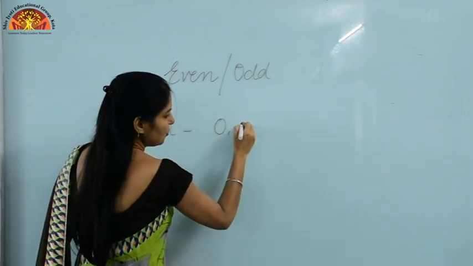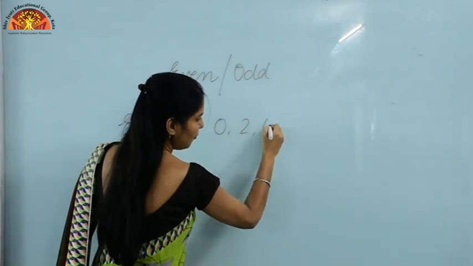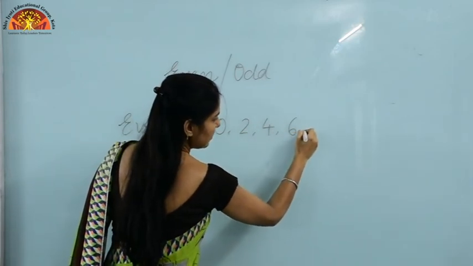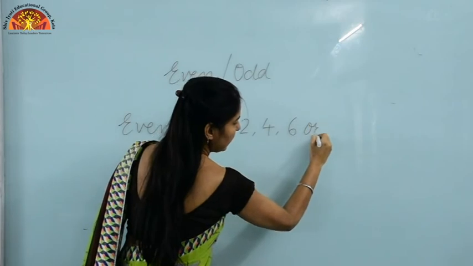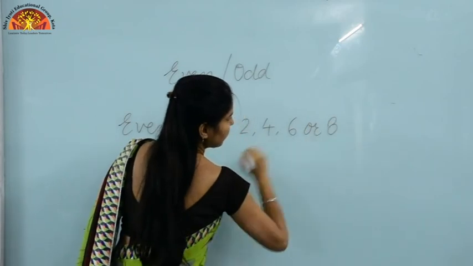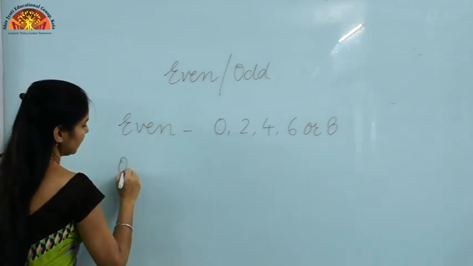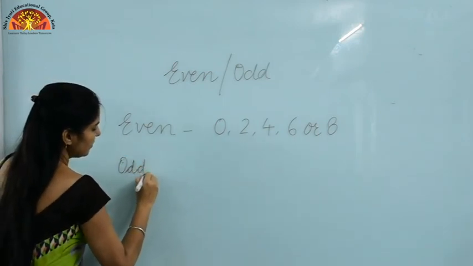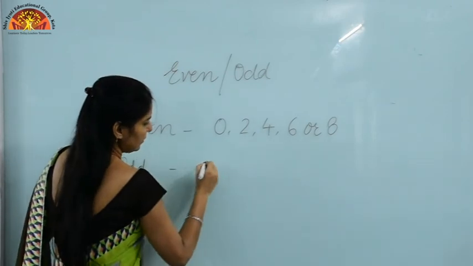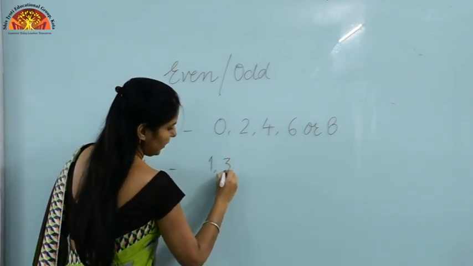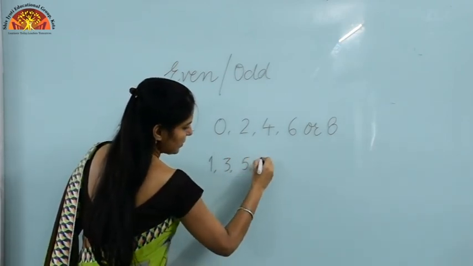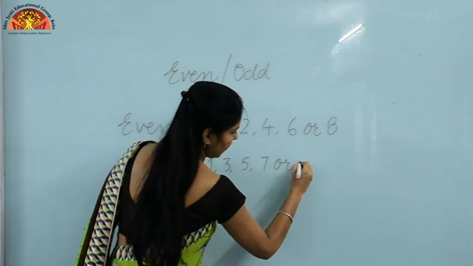Now, what are odd numbers? Odd numbers end with 1, 3, 5, 7 or 9.